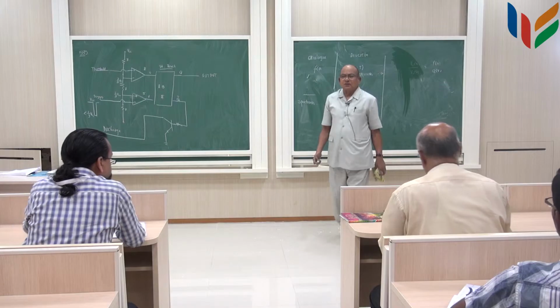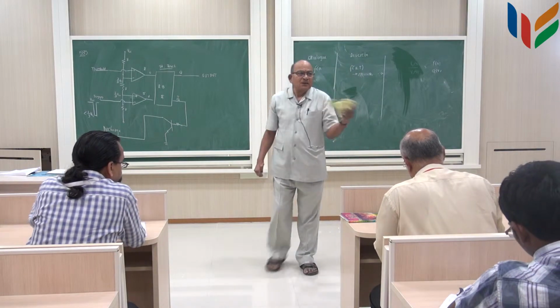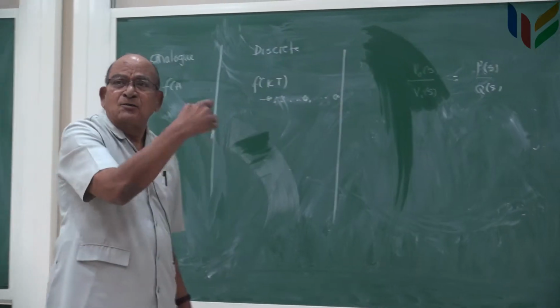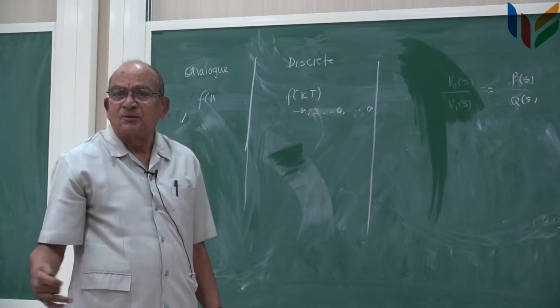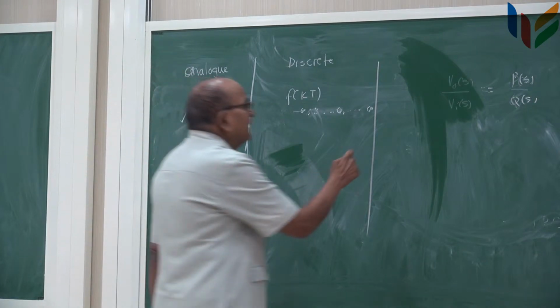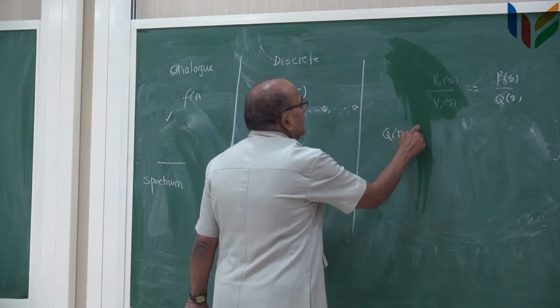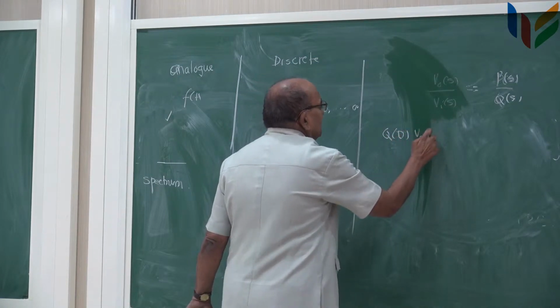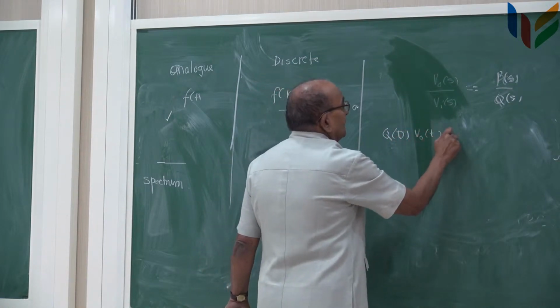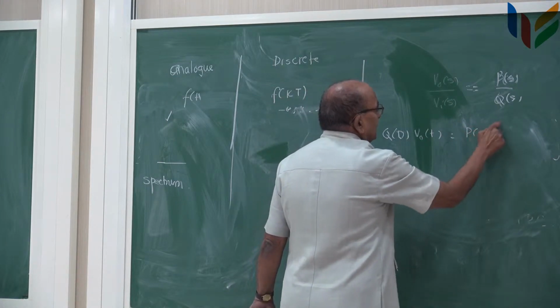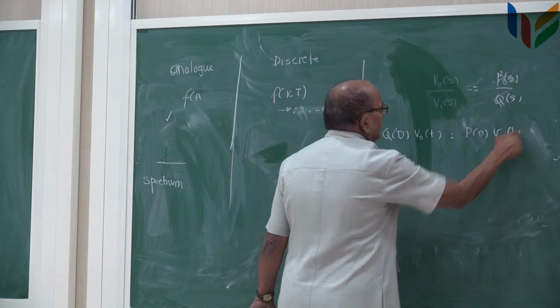This is a general filter, and based on this we derived your state variable filter and all those things, which we agreed is nothing but Q(D) into V0(t) is equal to P(D) into Vi(t).